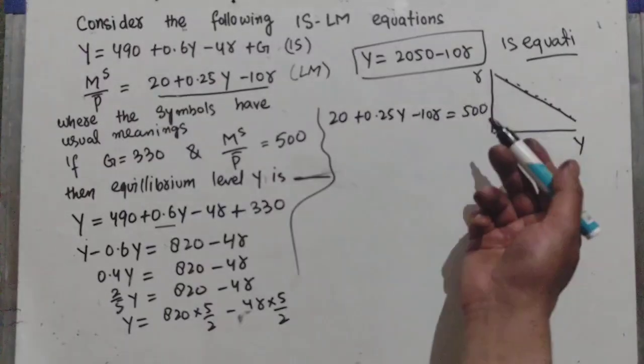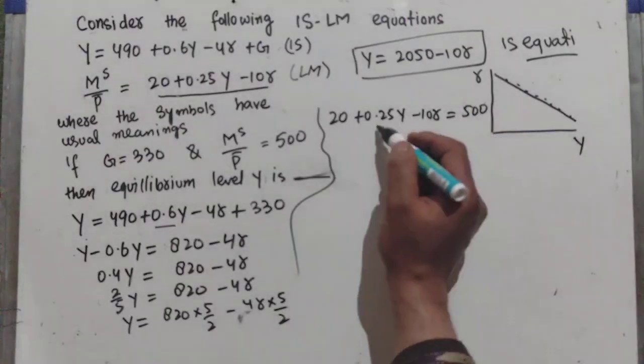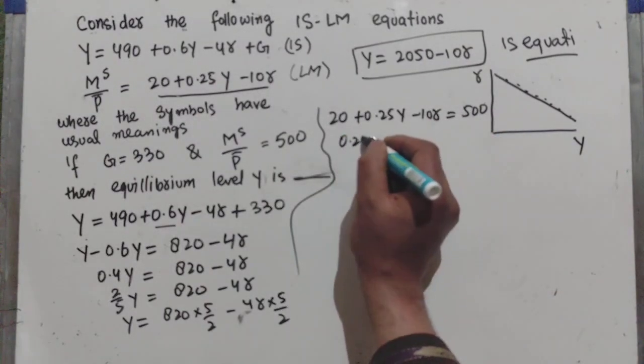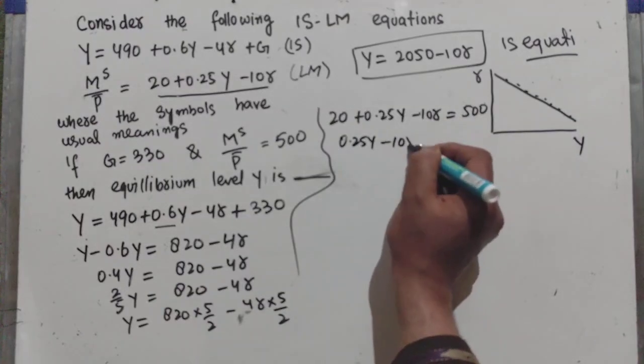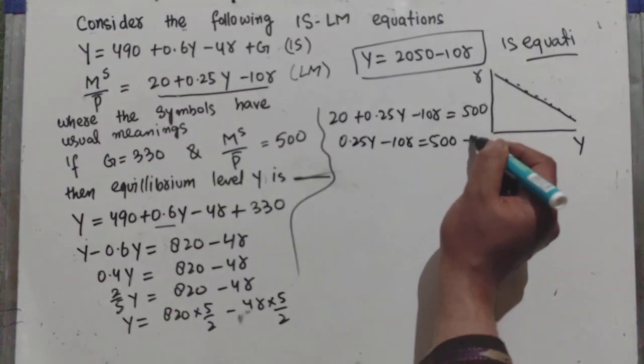Let us solve it again for y. So we have 0.25y minus 10r is equal to 500 minus 20.